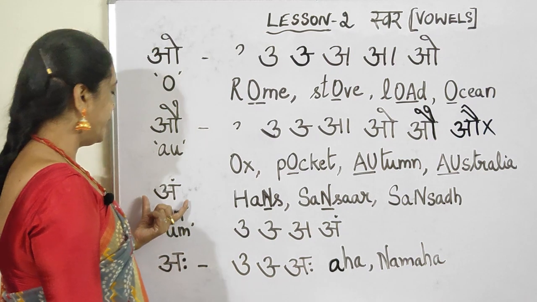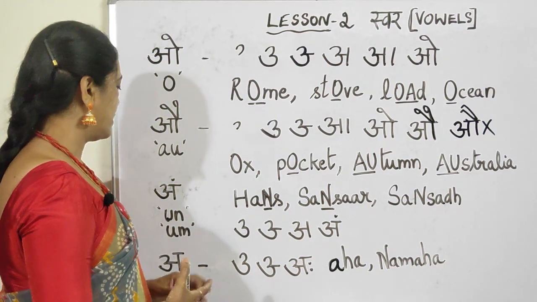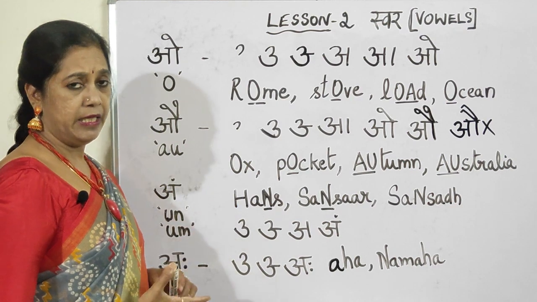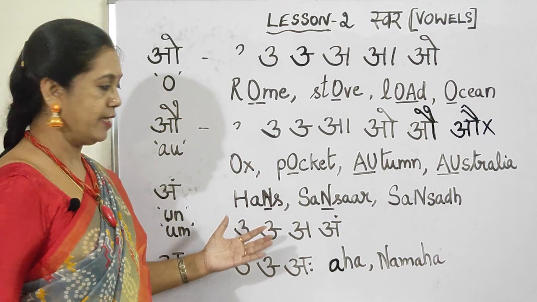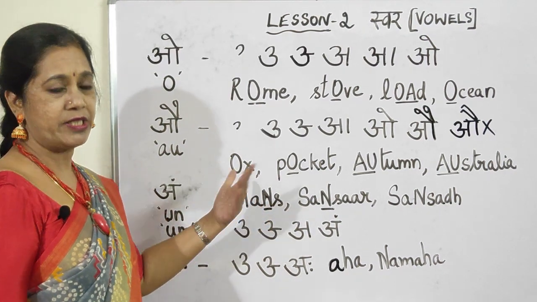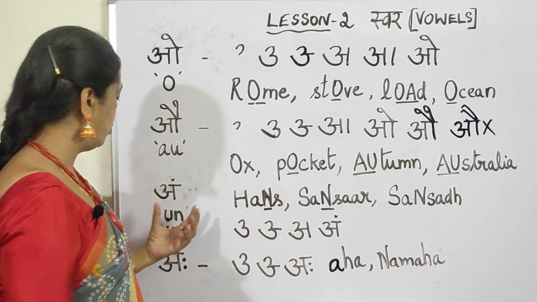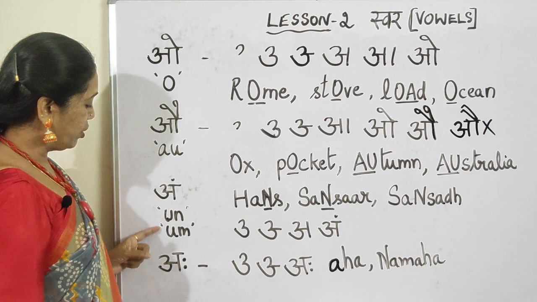Automatically it will come. Now this one, these two, there are not many words in English for me to give you, so whatever came to my memory I have given you, and they are mostly Hindi or Sanskrit words. So please listen to the sound which I am going to say. These are two sounds I have given.